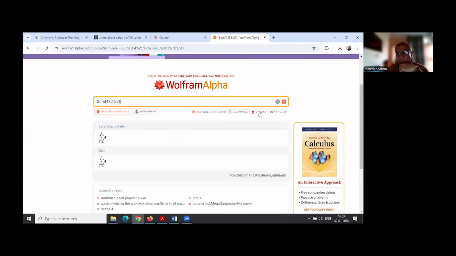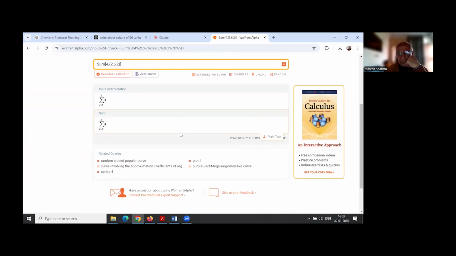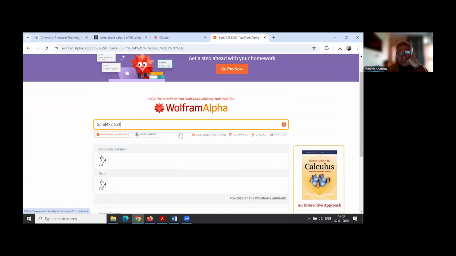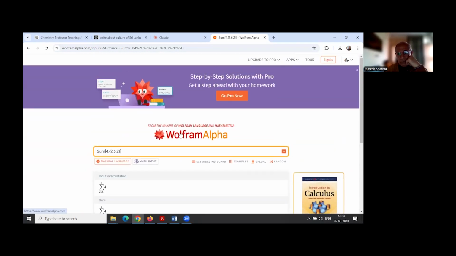Not only that, you can upload your own material. There are examples given, and the kind of natural language it follows. So this is another free platform, which you can try if you have not used it so far.